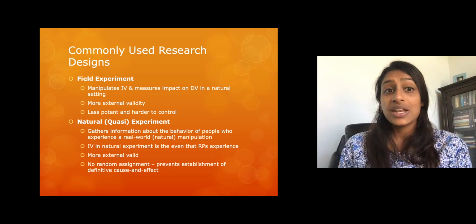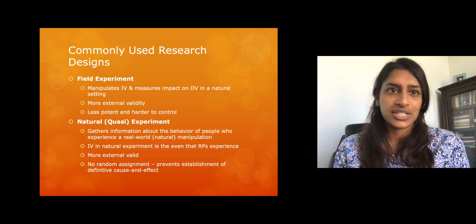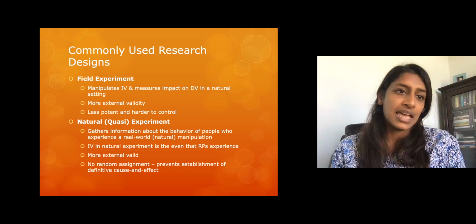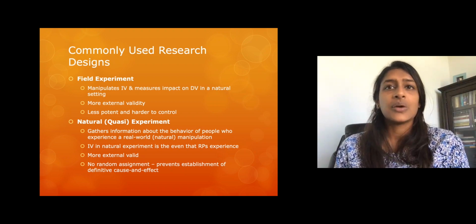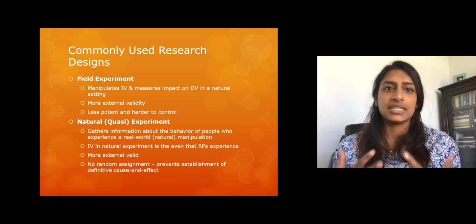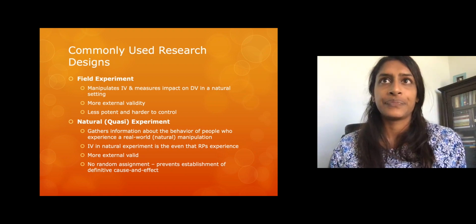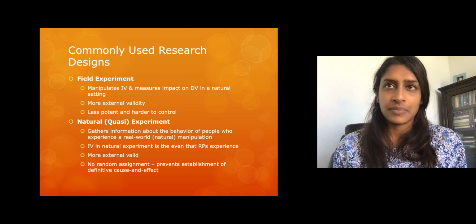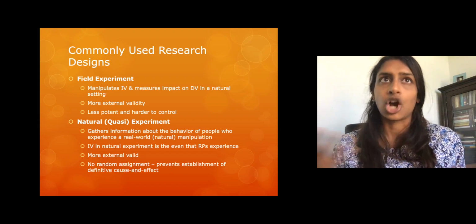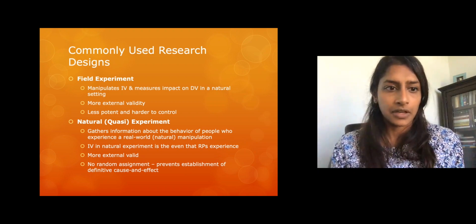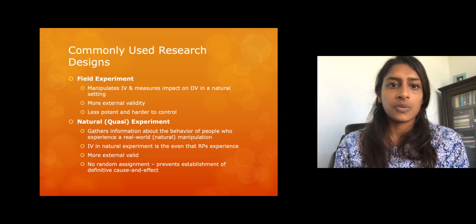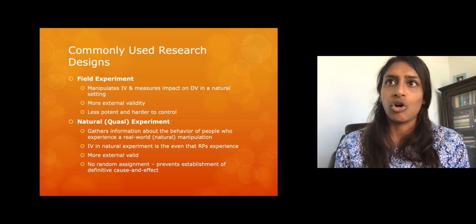All right. So another commonly used research design is a field experiment. So here I'm actually conducting my experiment in a setting that's occurring out in the field, right? And so here I'm doing it more in a natural setting.